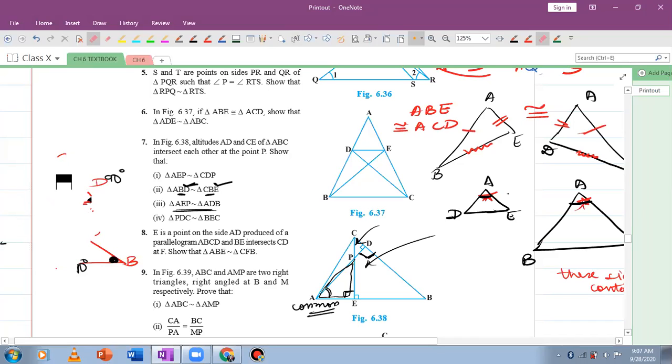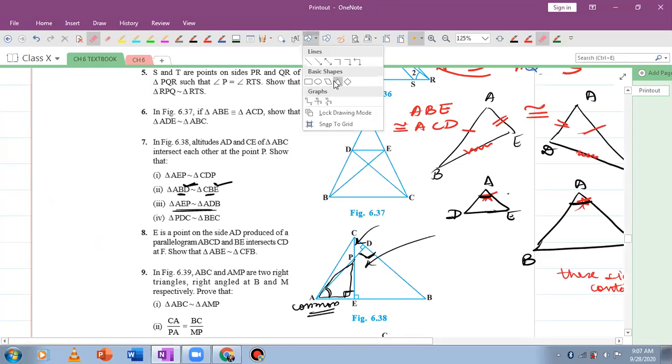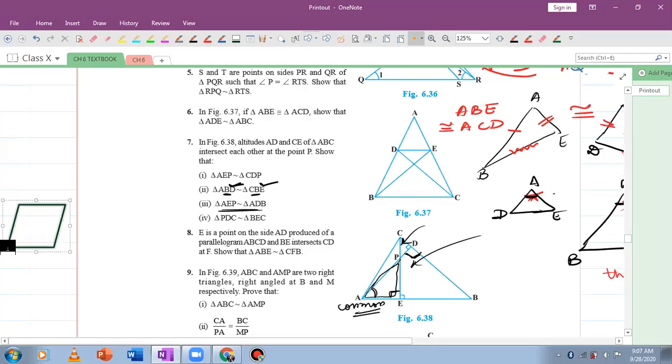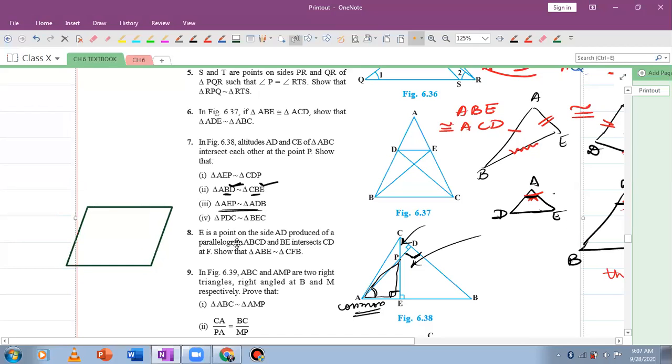You need to draw a parallelogram ABCD and extend the side AD. So let's say this is the parallelogram that we have, and we want to extend the side AD.